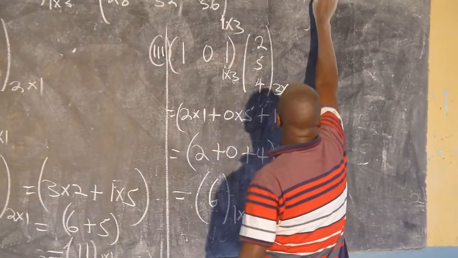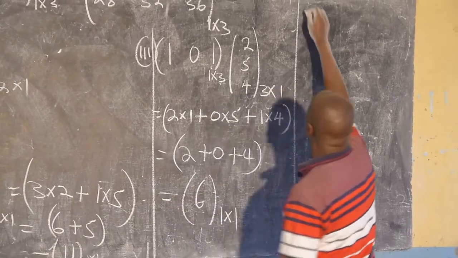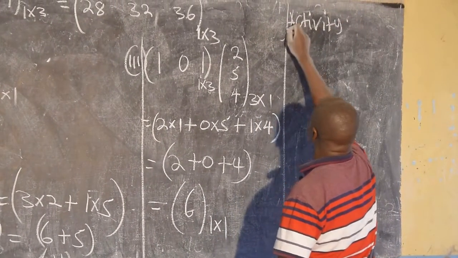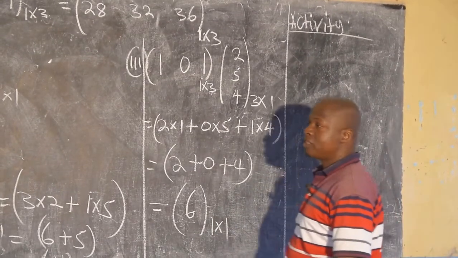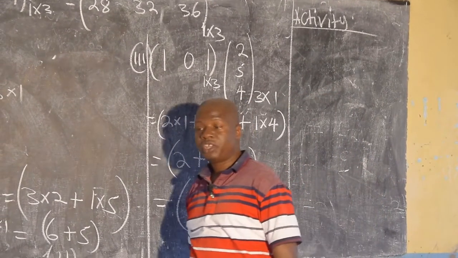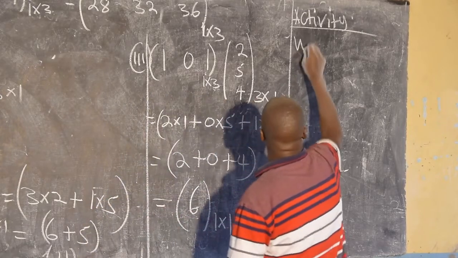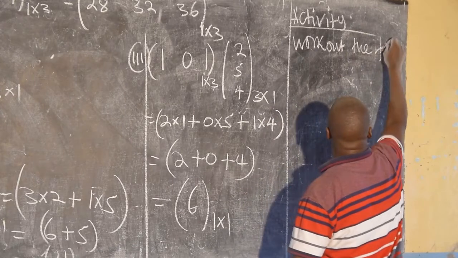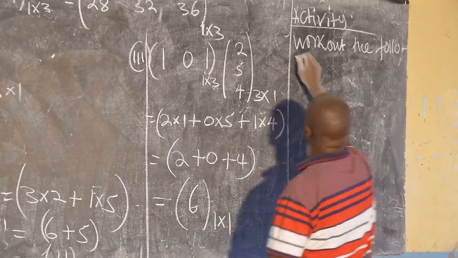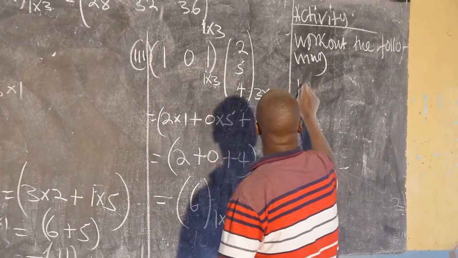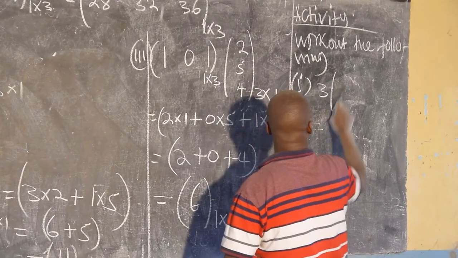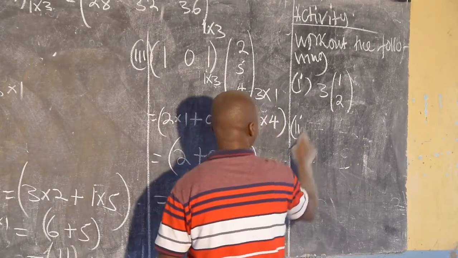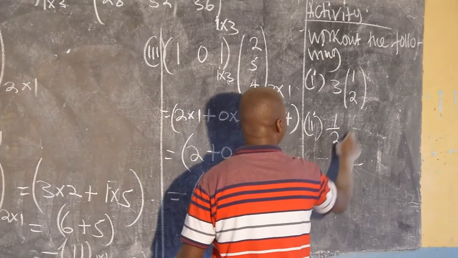Allow me to give an activity here, which should be done during your free time. Work out the following. We have 3, 1, 2. Next, we have a half.